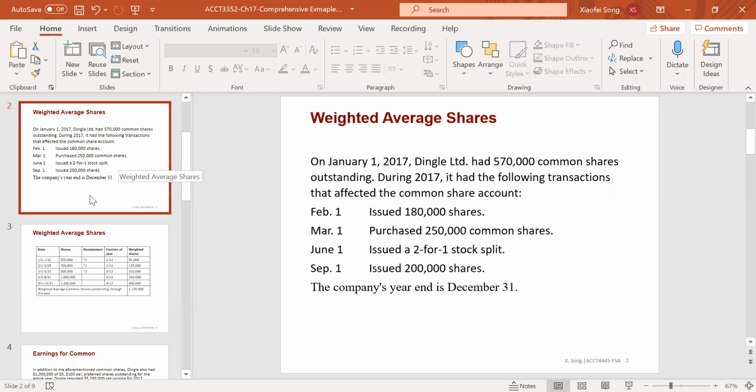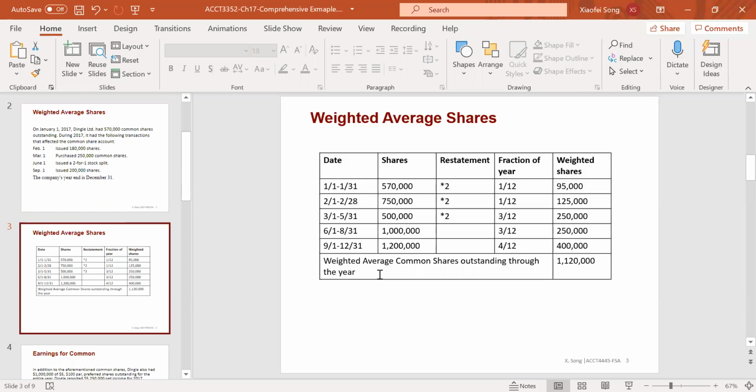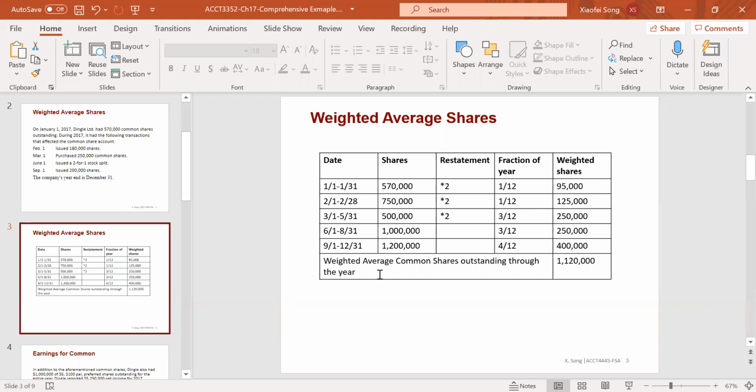Are we only taking what would have been issued to the common to determine the weighted average for that period? Yes, the last line says weighted average common shares outstanding. So when you calculate the denominator for basic earnings per share, you just consider common shares. Okay, thank you. You're welcome.